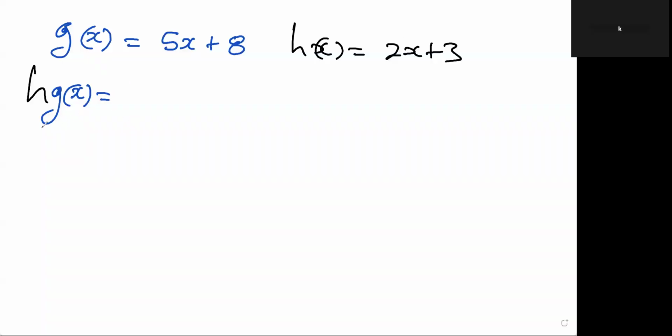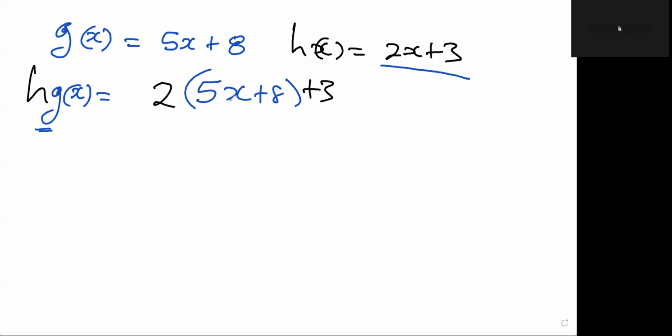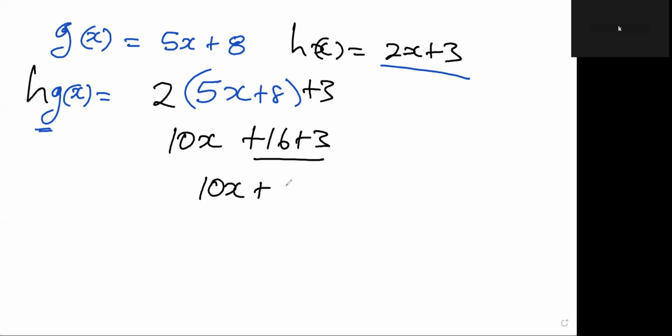So for the last part, you have g, right? So you write back g. That's our x. So we're going to write back x, h now, 2x plus 3. This is x plus 3. 2 times 5 is 10. 2 times 8 is 16, plus the 3. We can only add these because they are numbers, right? We have the x term.